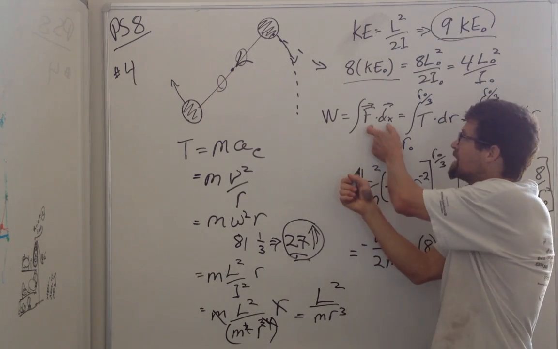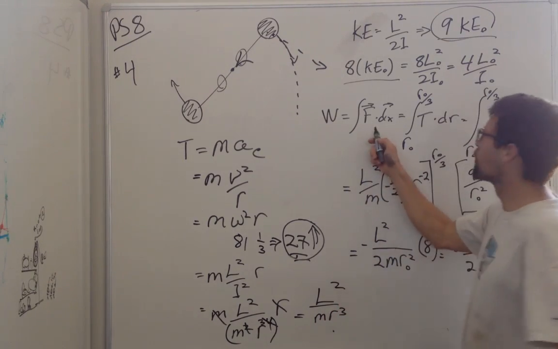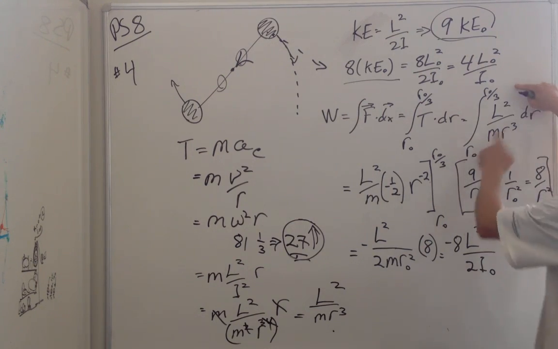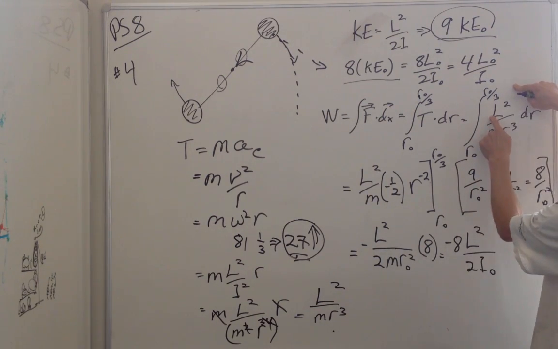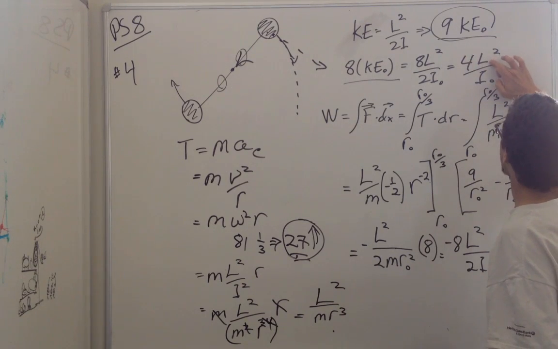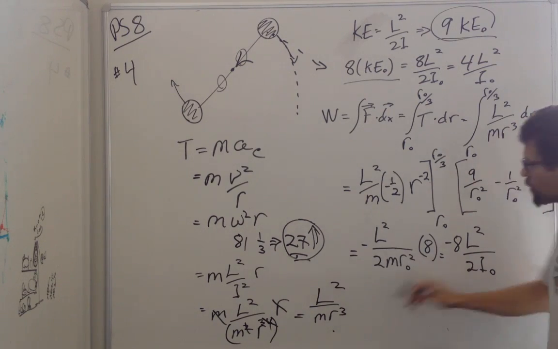Work is force times distance. But because the tension changes as the radius gets smaller, we need to make it an integral. And so it's tension dr, and I put the tension in terms of something that's a constant. Oh, it's a constant, so we don't have to have an L naught, because final angular momentum is equal to initial angular momentum. So we substitute that in.